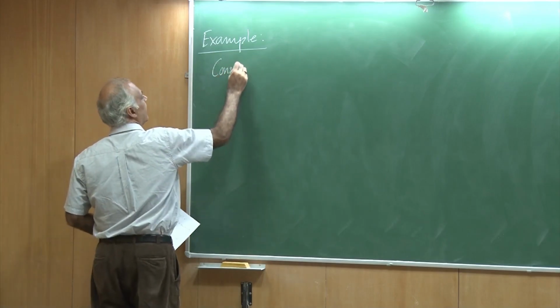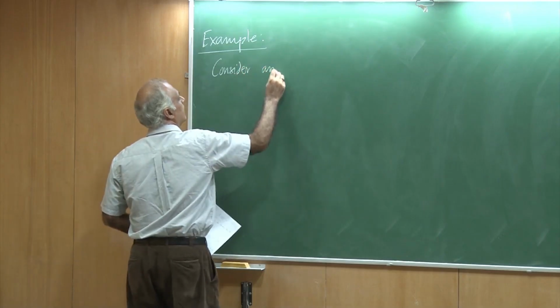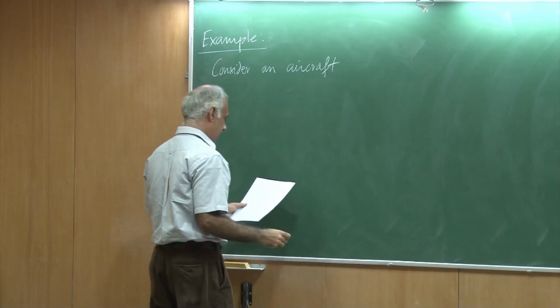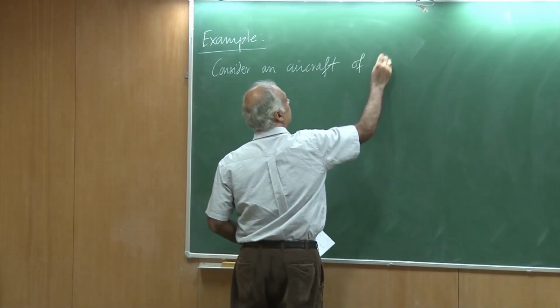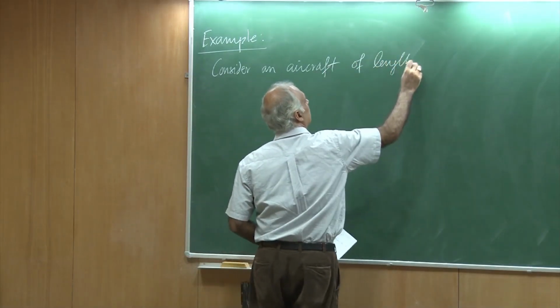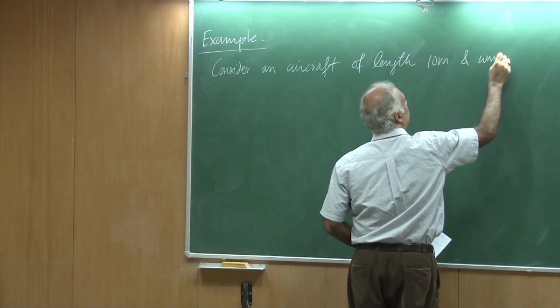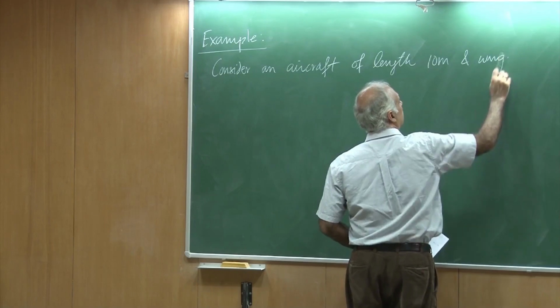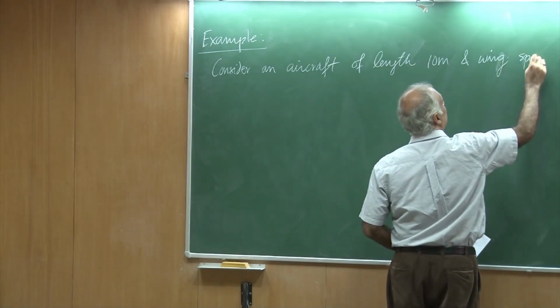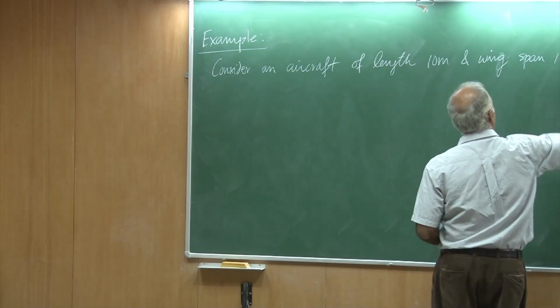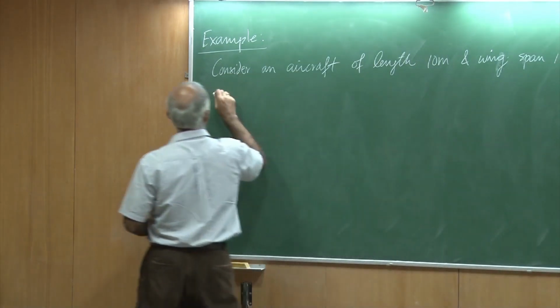So, consider an aircraft of length 10 meter and wingspan of 15 meter to fly.